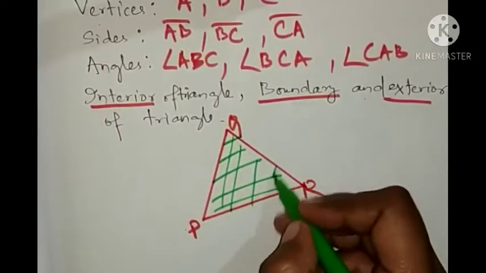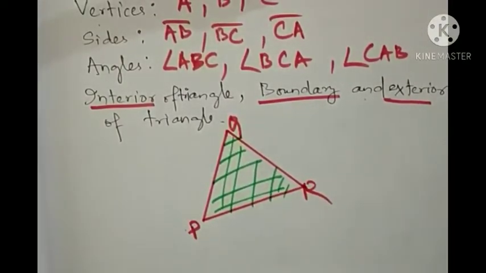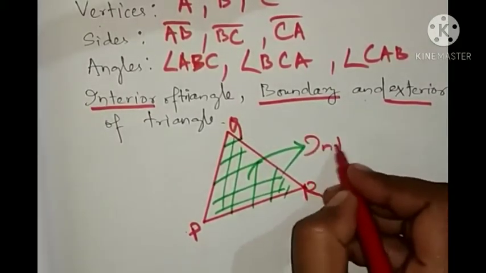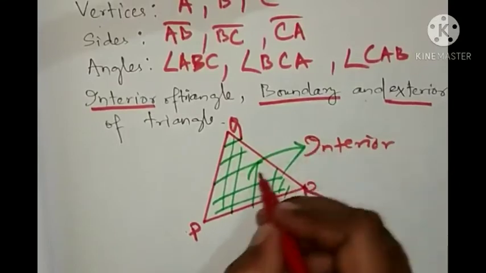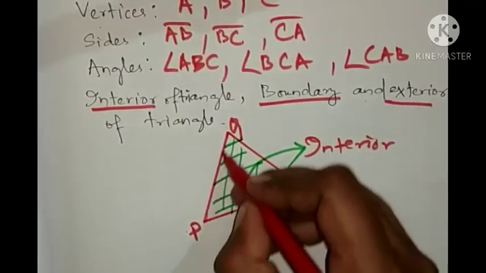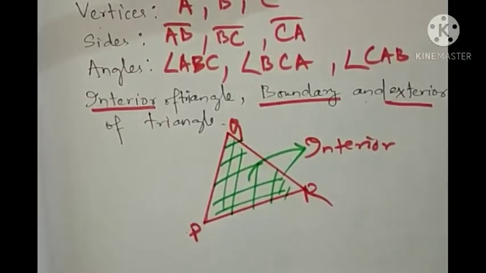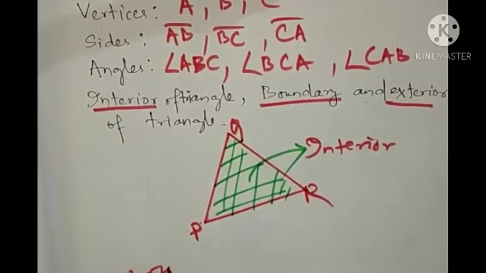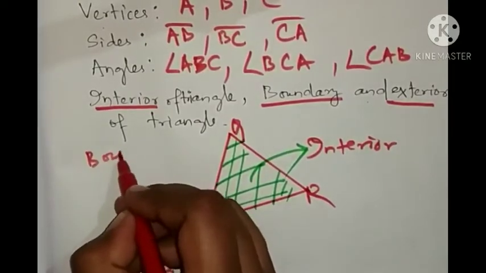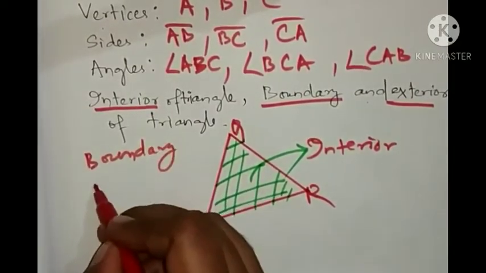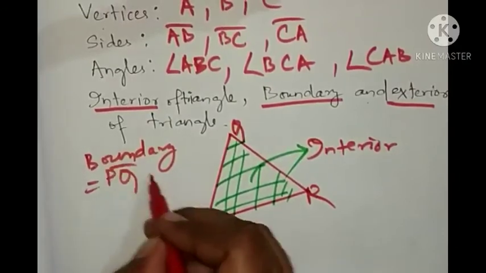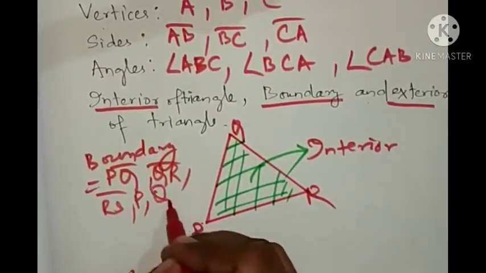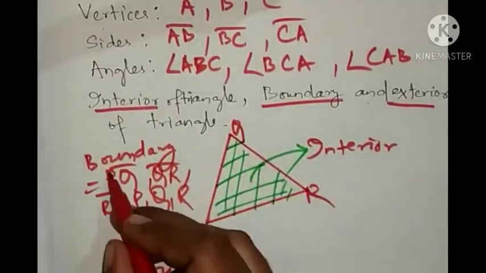The boundary is the sides PQ, QR and PR. These are the boundary.